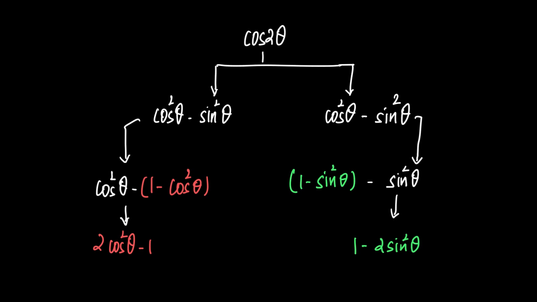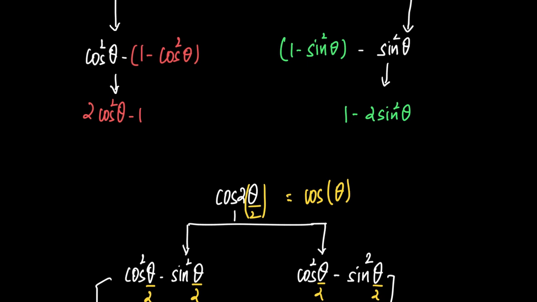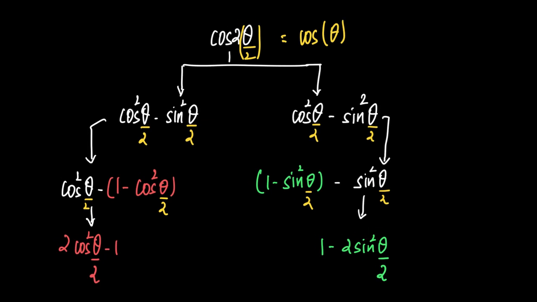Now, if this is cos 2 theta, what is cos 2 theta by 2? Which is actually cos theta, and can be obtained by replacing every term in this identity by theta by 2. And what do we get? Cos 2 theta by 2 is cos square theta by 2 minus sin square theta by 2.